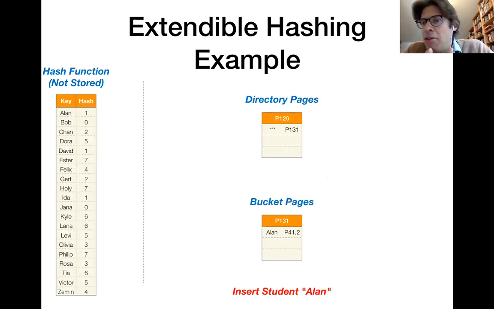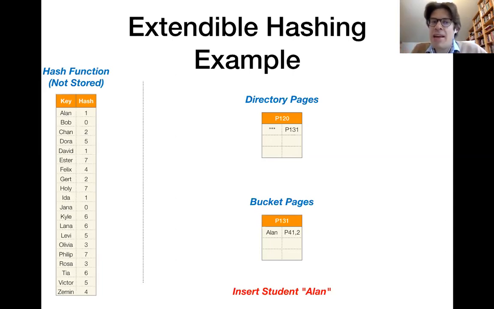So the directory only has one single entry. Here on the left-hand side, you essentially see the hash values that we are associating with a page. And in the right column, you see the corresponding page that we are referencing.